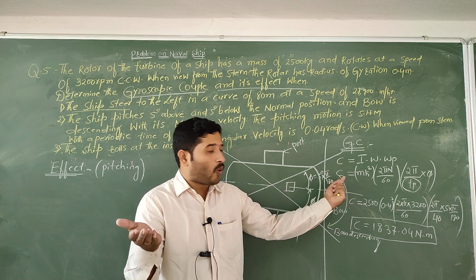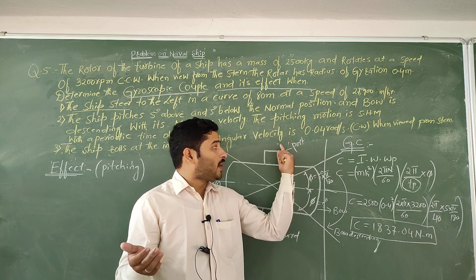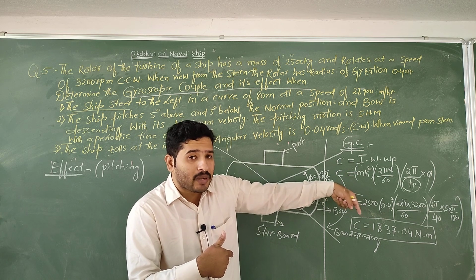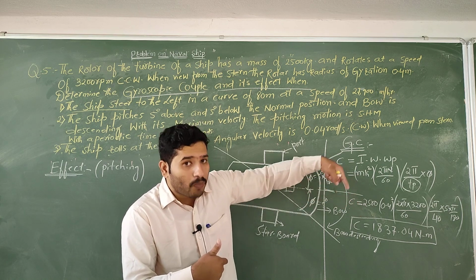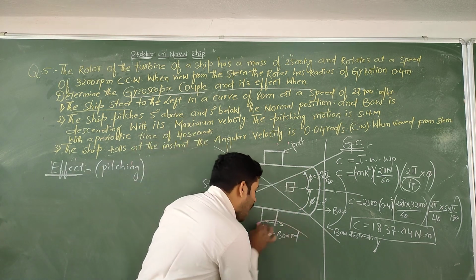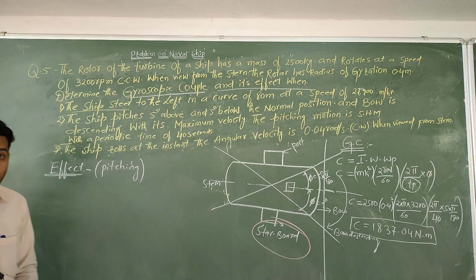If the bow is upward, the bow moves toward the port. But in this case the bow is descending, so the bow tends to move toward the starboard. Is it right?